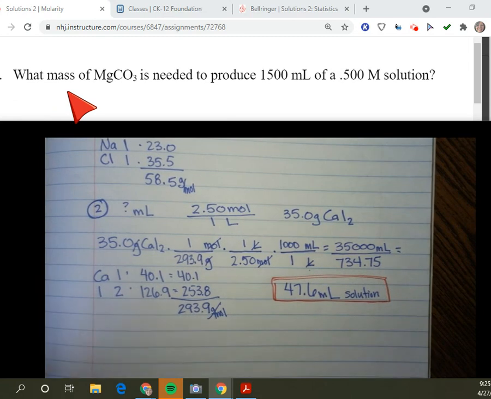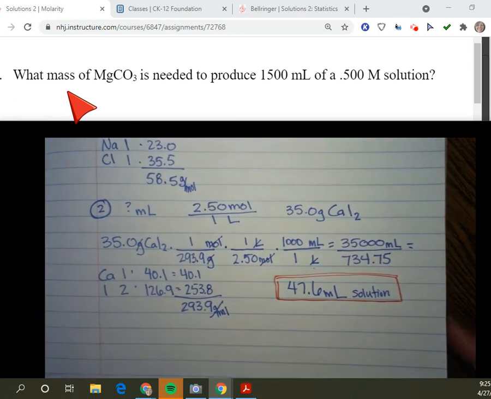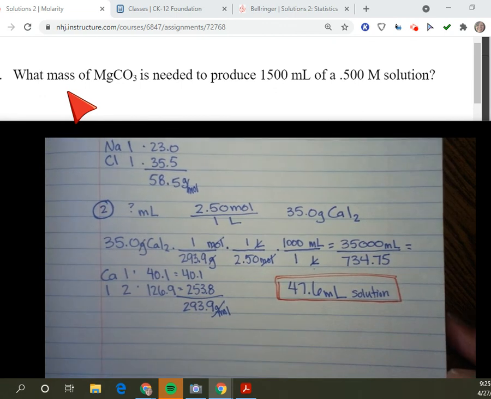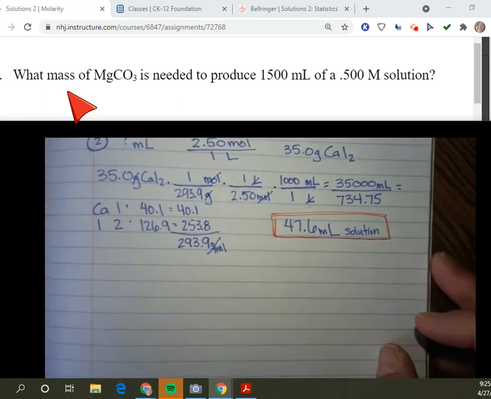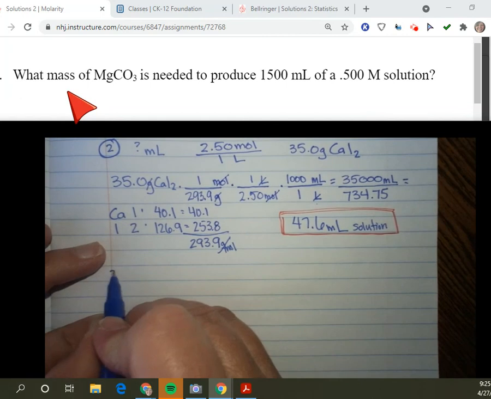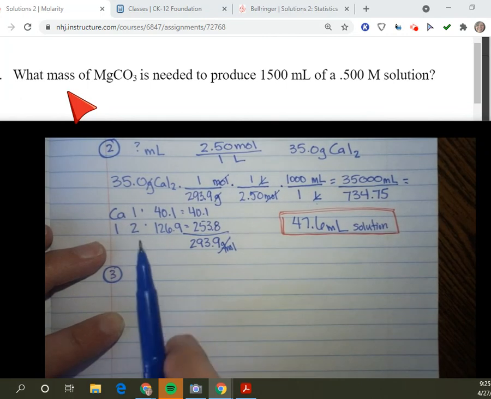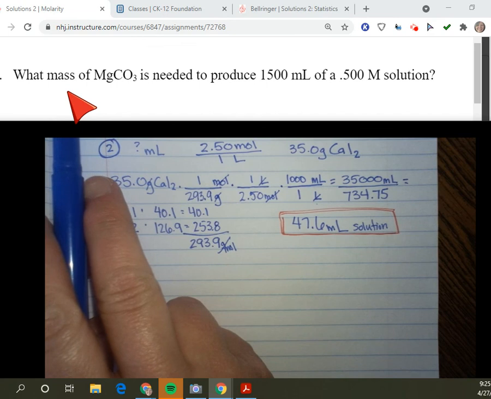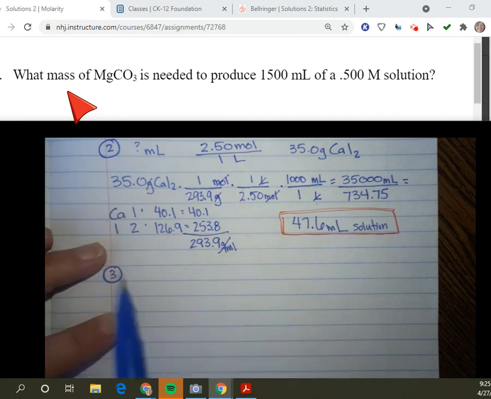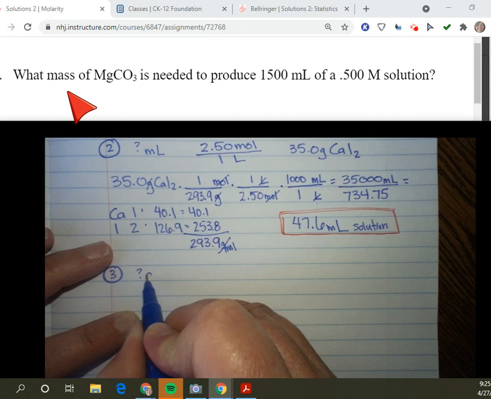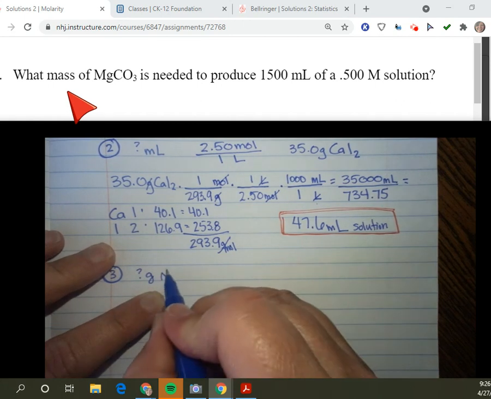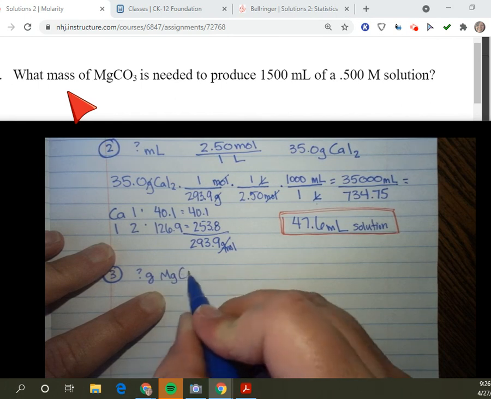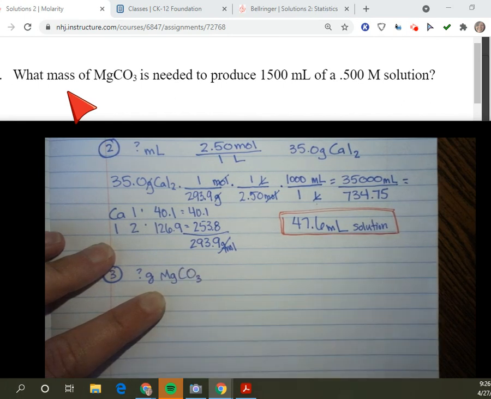So here's 3. What is the mass of magnesium carbonate needed to produce 1,500 milliliters of a 0.500 molar solution? All right, so now this one, it's asking us what is the mass. So I am looking for grams, because we measure mass in grams, of magnesium carbonate. Okay.